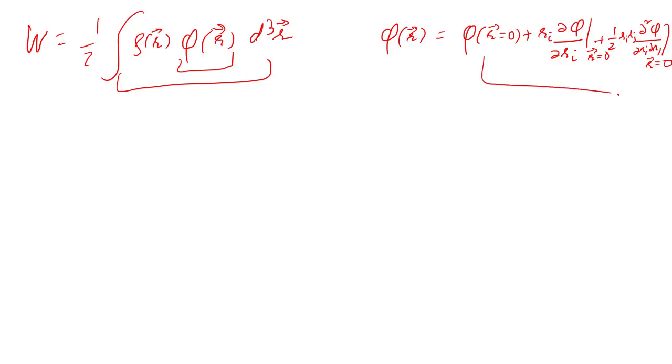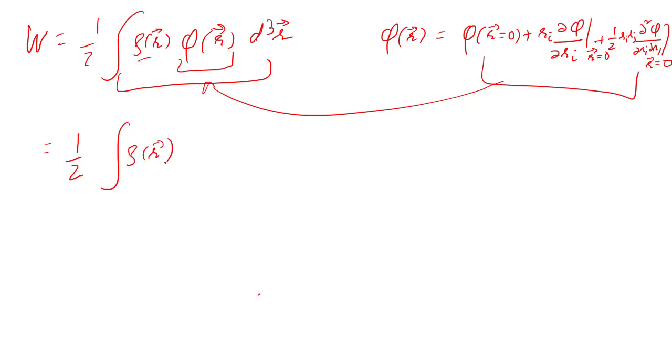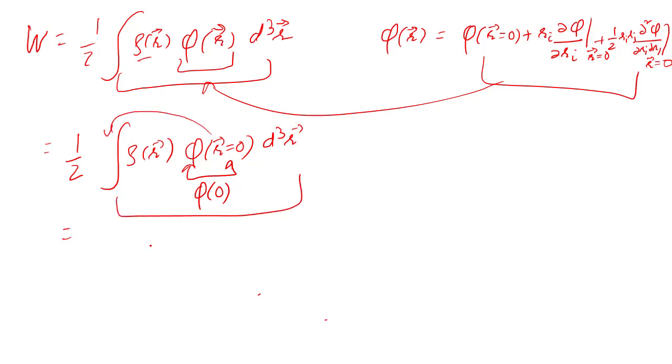So using this Taylor expansion, I can plug that in, and I can get half times rho of r times the first term, which is phi of r at 0. This is simply the potential at r is equal to 0. It's just a value, right? So I can pull this out of the integral. So the first integral would simply be phi 0 times the integral of rho of r d cube r.